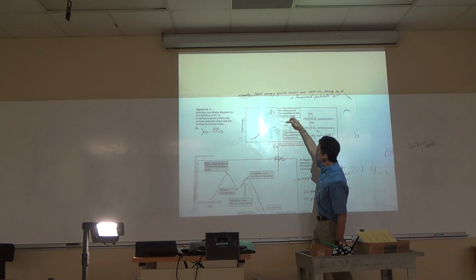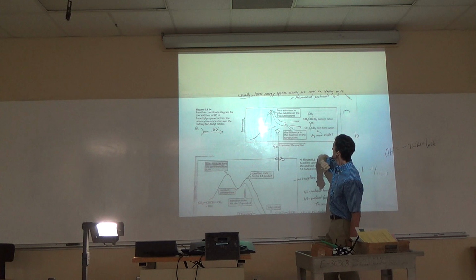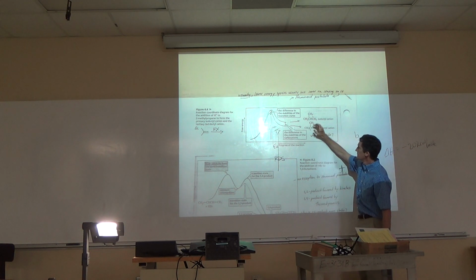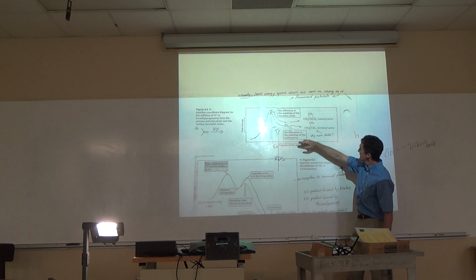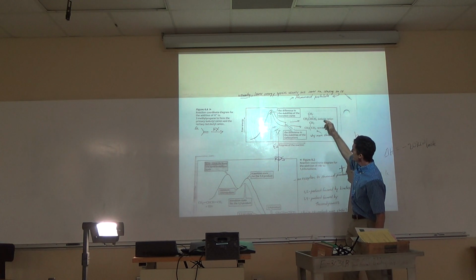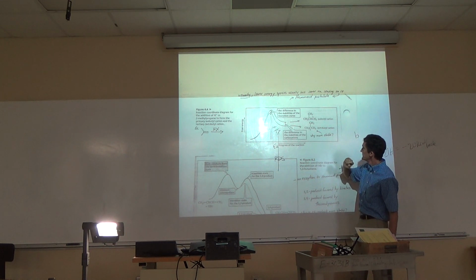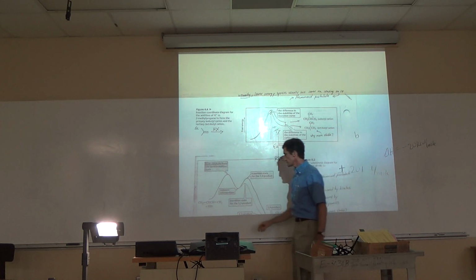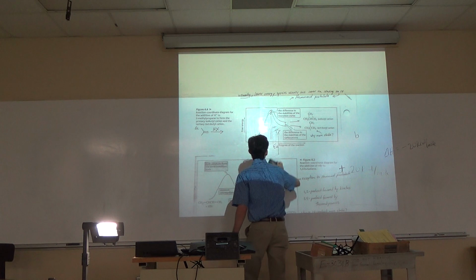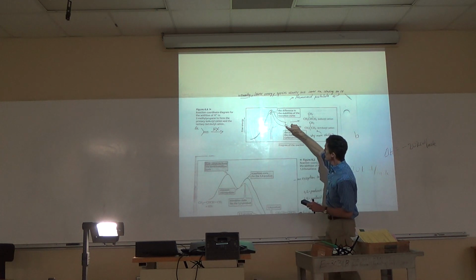Higher energy intermediate typically has the higher transition state energy. This is the type of reaction we'll look at. Two different carbocations. This one would be more stable. And thus it would be lower. If these are the two, you would put this one lower.